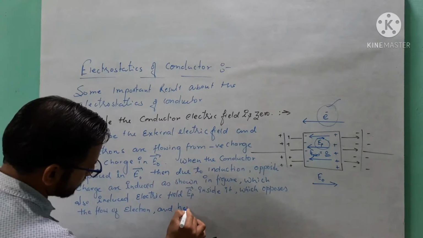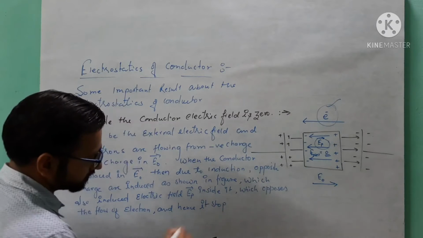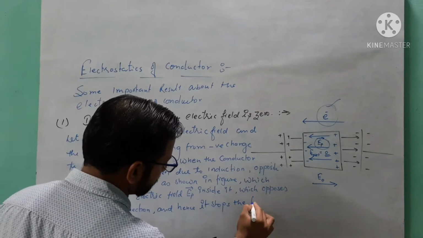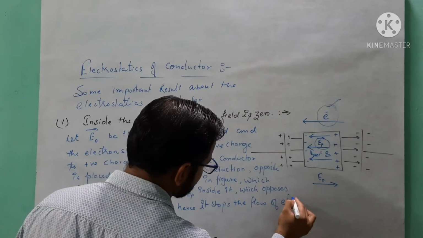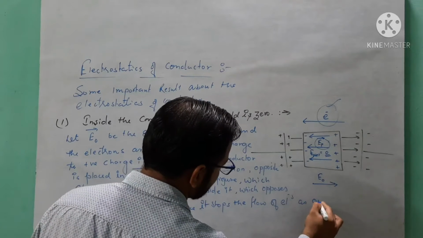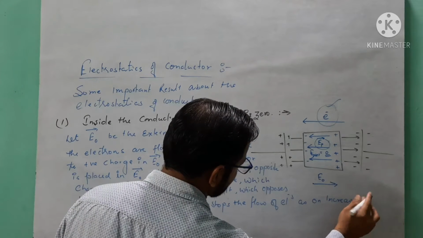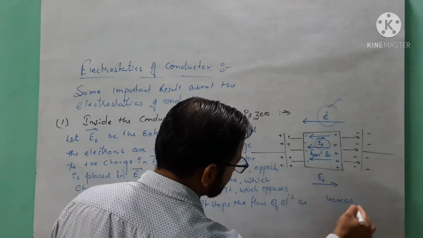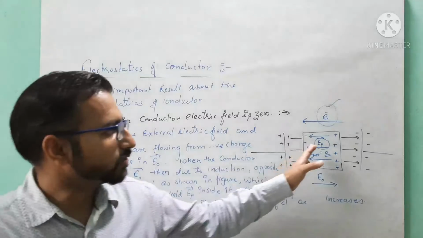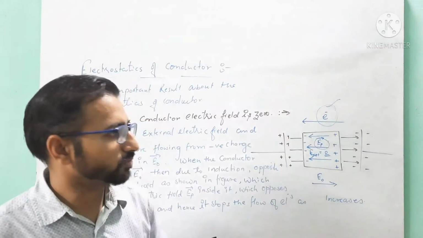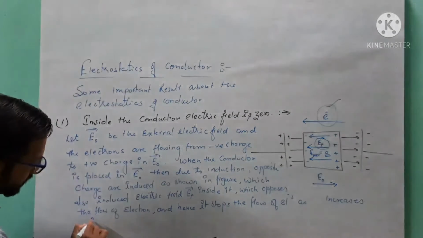And hence it stops the flow of electrons. As the value of EP increases, it will stop the flow of electrons.